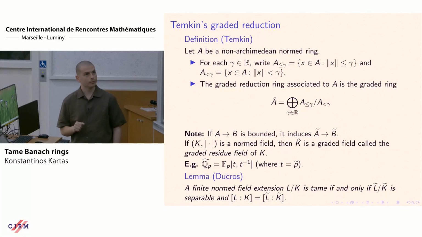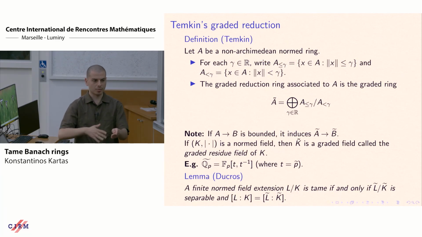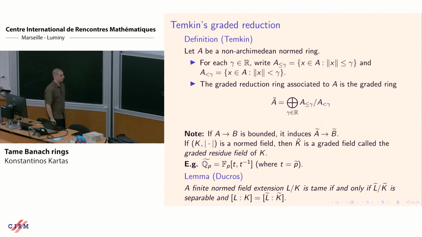So in some sense, it puts tame extensions on the same footing as unramified, or unramified defectless, extensions. This language is extremely convenient, actually. It takes some time to get used to it, but it's quite useful.